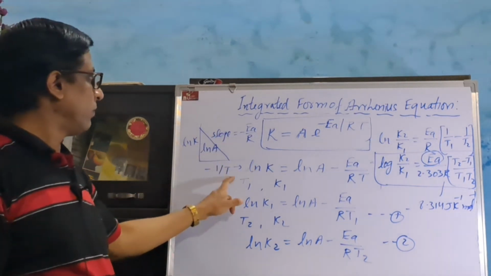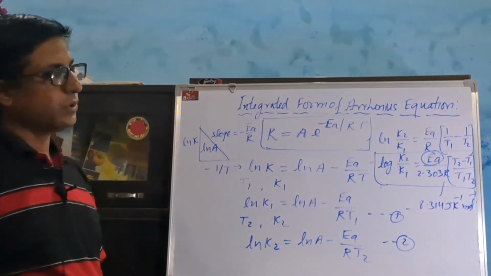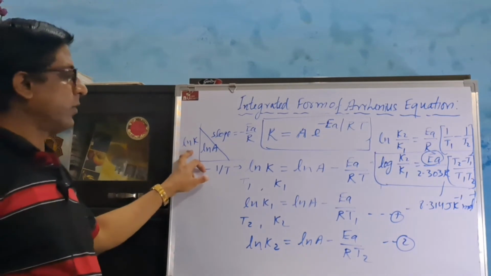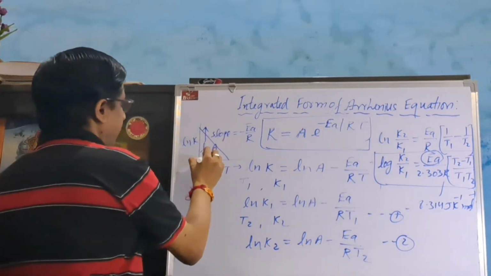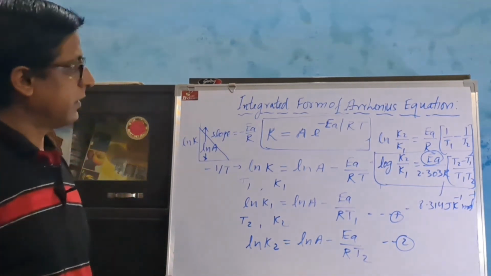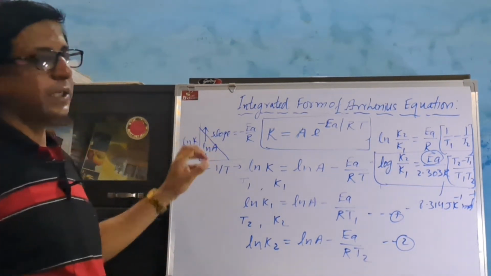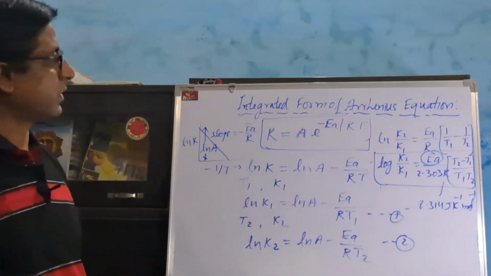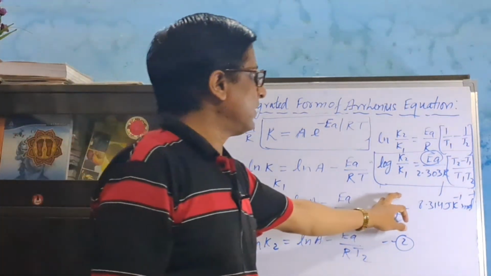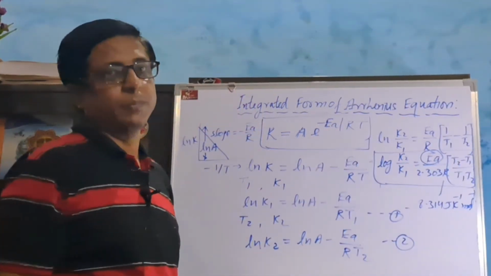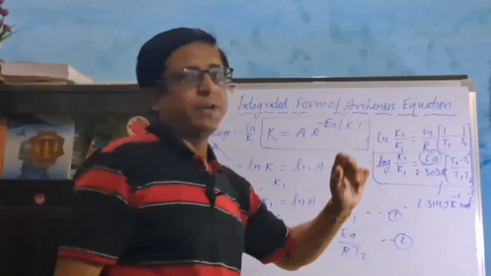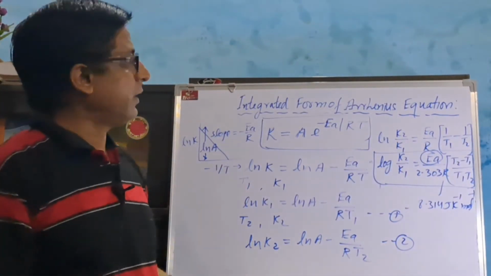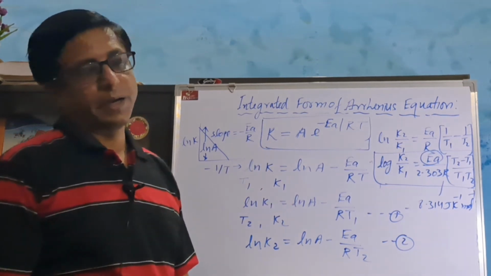If we plot 1 upon T against natural log of rate constant, from the intercept, we can also obtain the pre-exponential factor. These are the two representations of Arrhenius equation in graphical form, and this is known as integrated form. This form will be helpful in solving different numericals in chemical kinetics.